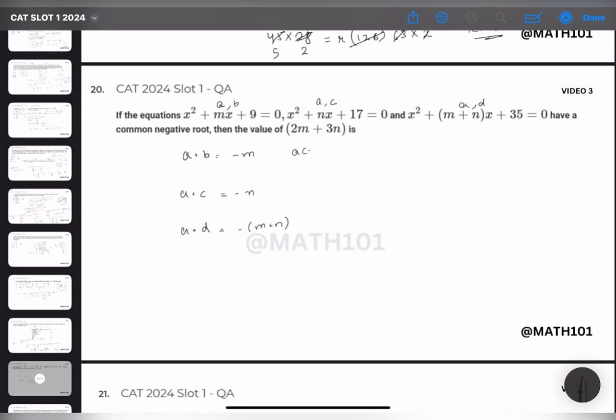So I have ab equals 9, ac equals 70, ad equals 35.